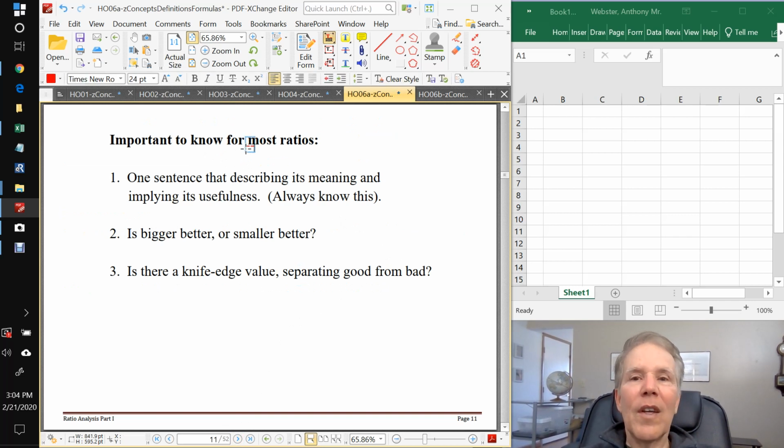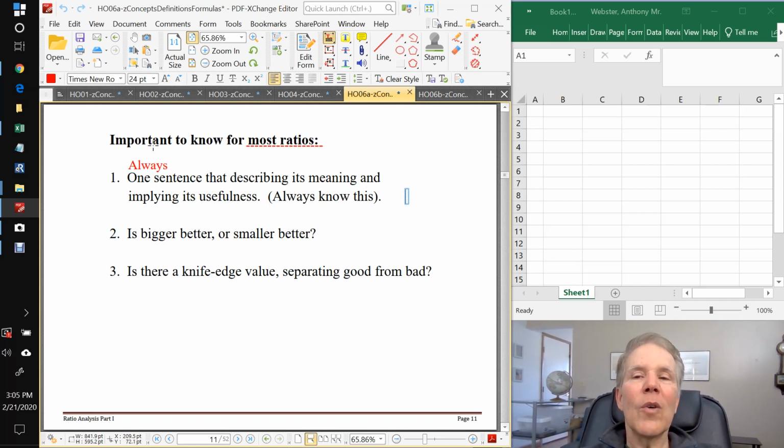All right, so we had our three things that are important for most ratios. Remember, this was not always true for all ratios, but in general. The first is that we always want to have one sentence describing the meaning of the ratio and implying its usefulness. Conceptually, that's extremely important.